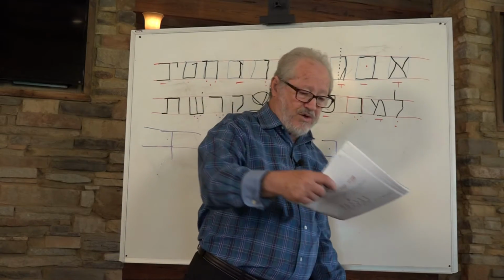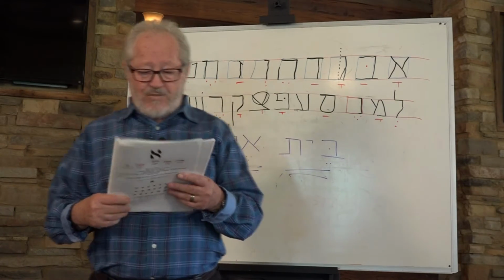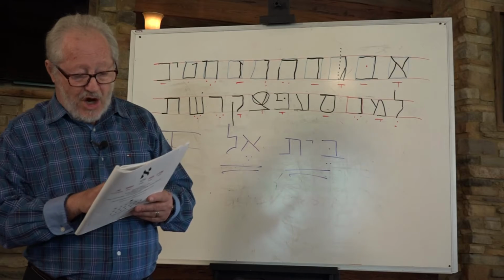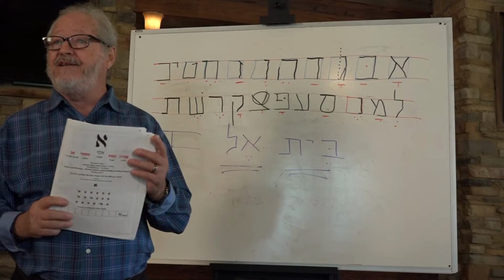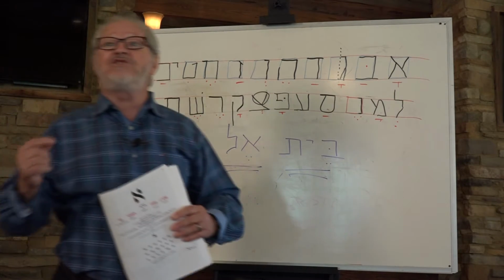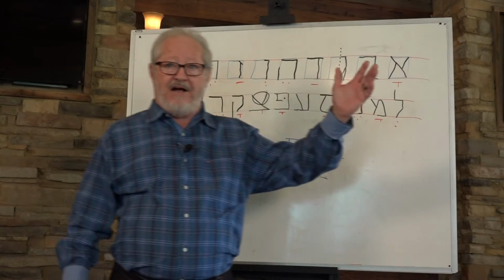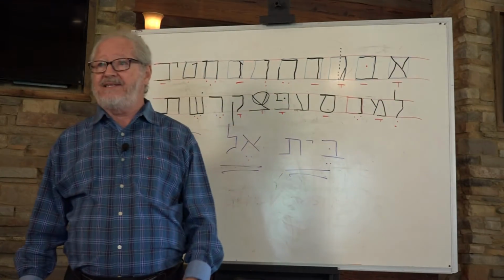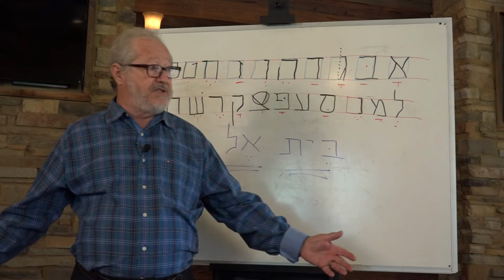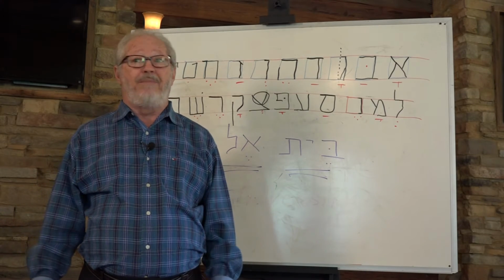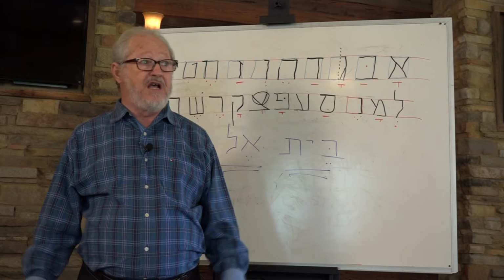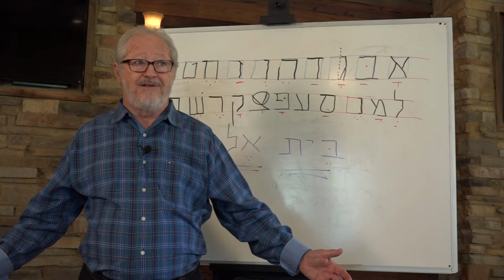Okay? So there we have Beit. So that's why it means house of. So Bayit is house. House of is Beit. So it's Beit El, house of the Lord, or Beit Knesset, which is a synagogue, or Beit Cholim, which is house of the sick, hospital.